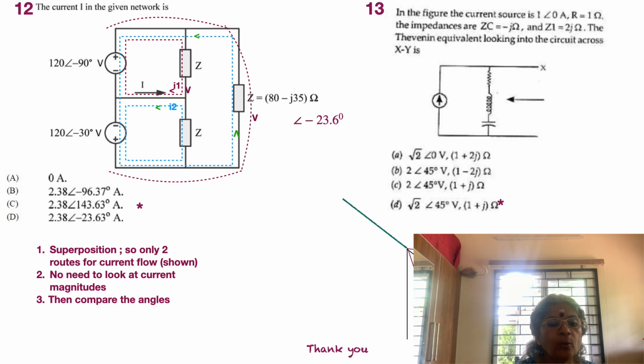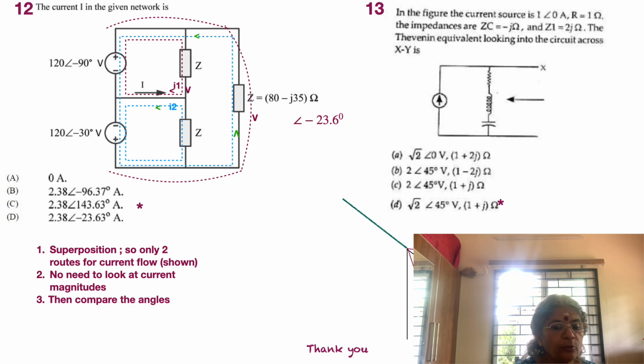Looking at the answers, they seem to be all equal except for one, and what is asked is the current I in the given network. And where is the current I? The current I is somewhere in between, connecting between the delta of impedances and the center point of the two sources, feeding the entire impedance.